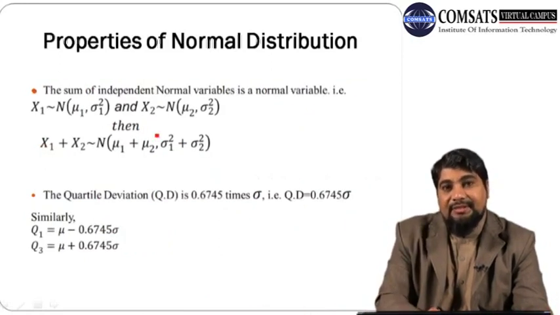So the next property is that the sum of independent normal variables is also a normal variable.